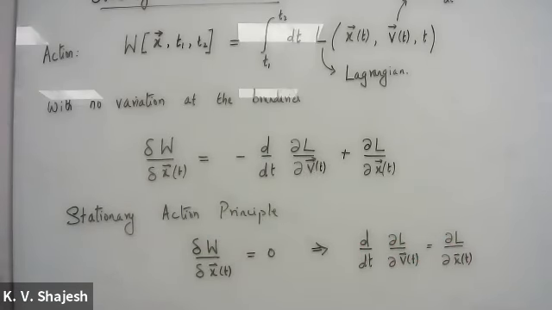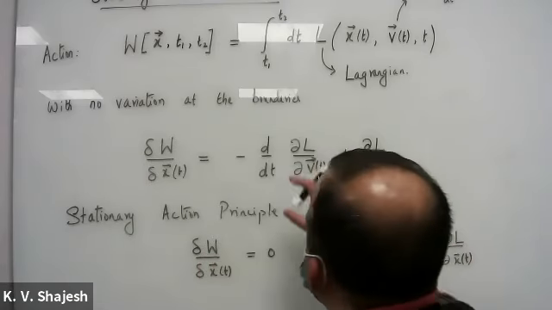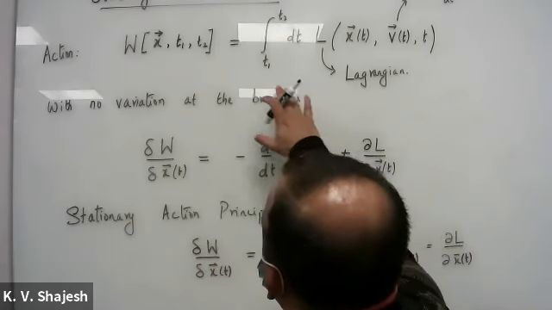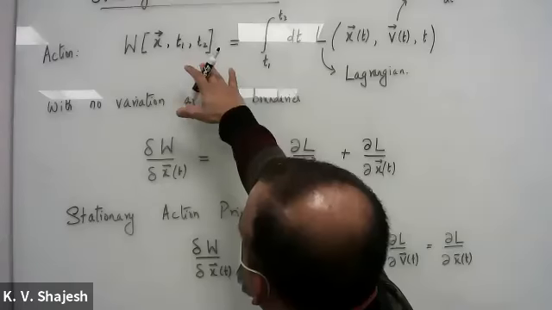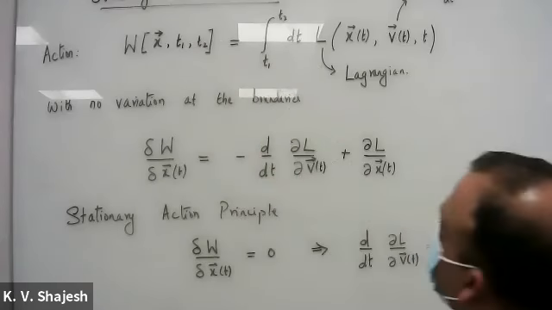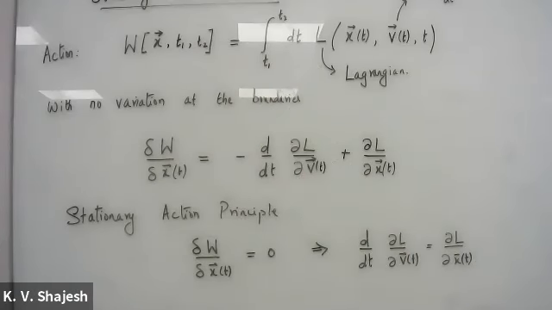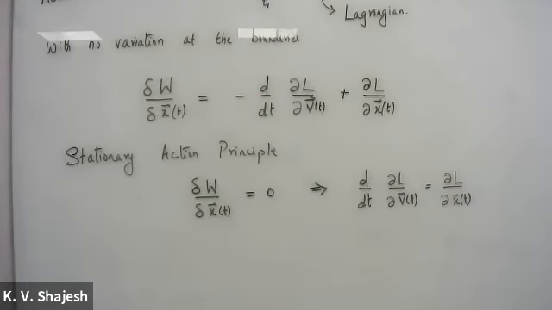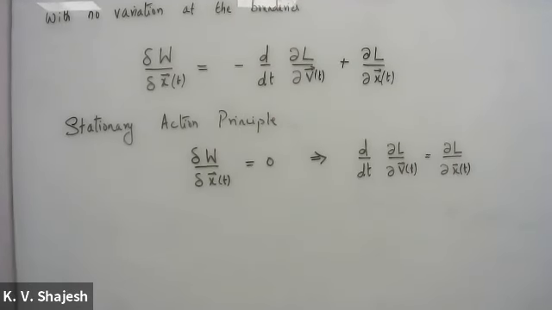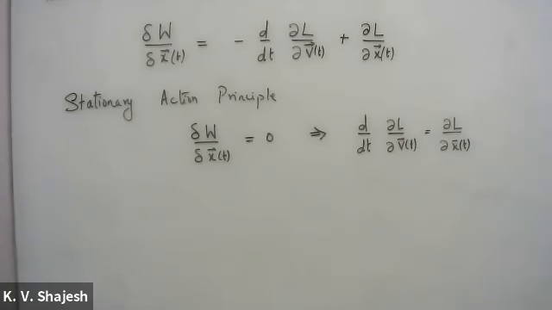One thing we want to do here today is release this piece where we have not made any changes at the boundaries T1 and T2, but now we will make those changes. But before that, let me quickly define what is called the Hamiltonian.